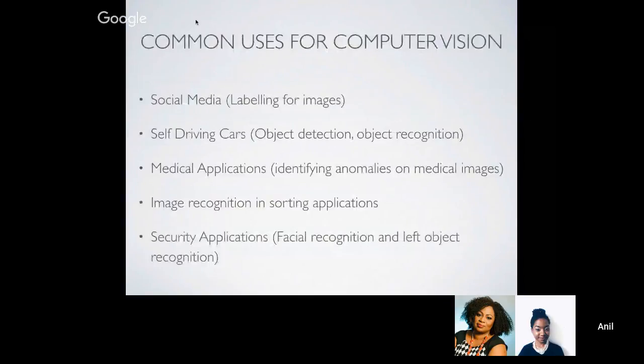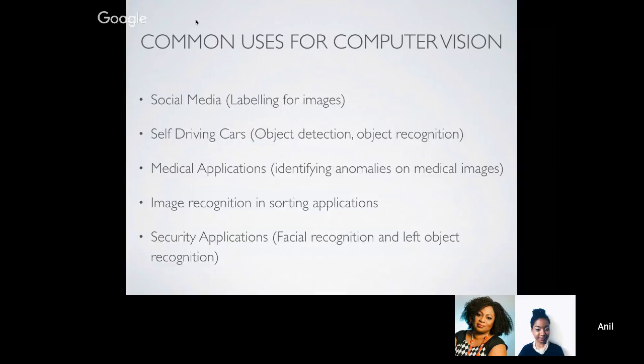Okay, so where do we use computer vision? Well, we actually use it a lot, and these days, pretty much everybody uses it, whether you know it or not. If you look at social media, when you upload a photo and Facebook asks you to tag this person, labeling for images, that's computer vision because it recognizes faces, it can recognize places and surroundings, and that type of thing from images.